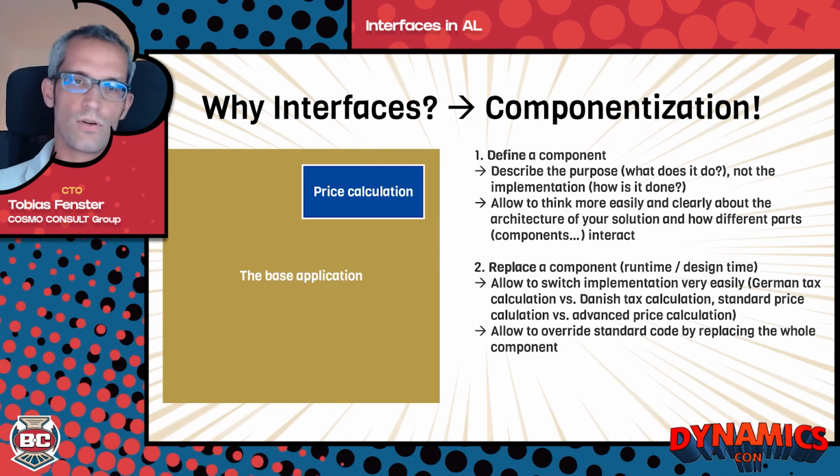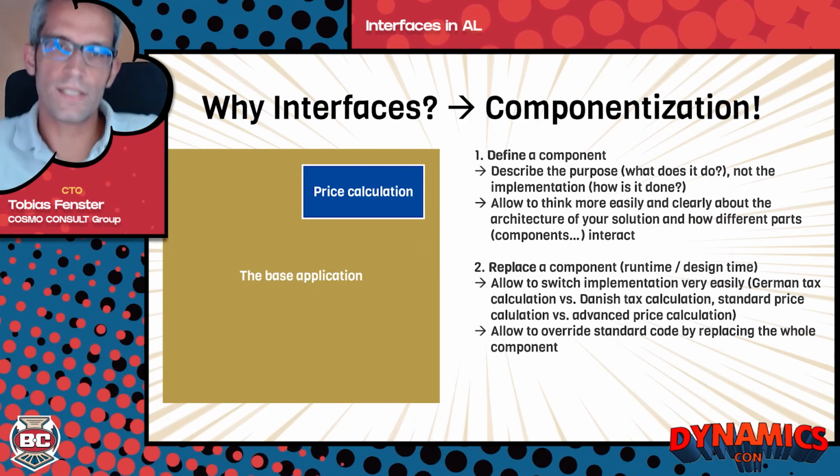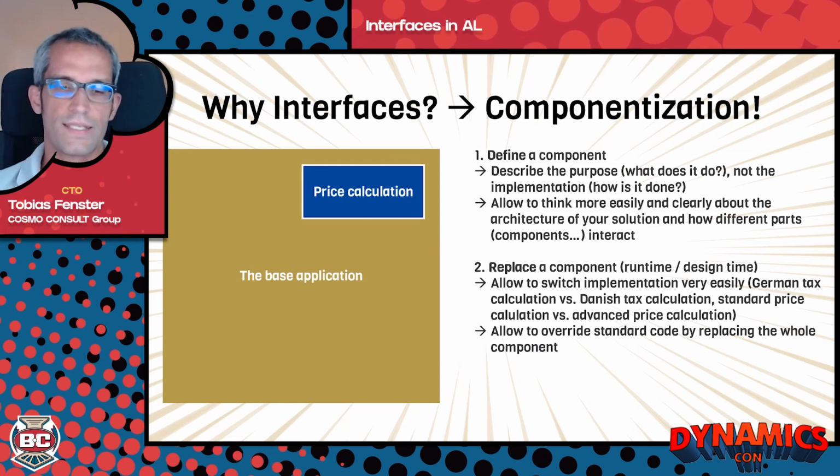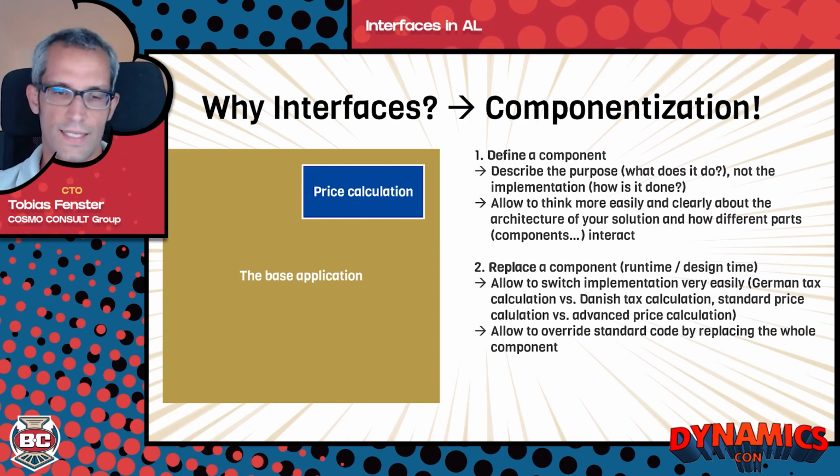So if you want to bring in your own code, either during runtime or during design time, it's a lot easier. Just imagine you get an invoice, and based on the country where that invoice is coming from, you want to do a different kind of tax calculation. If it's a German customer, you want to have German tax calculation. If it's a Danish customer, you want to have Danish tax calculation.